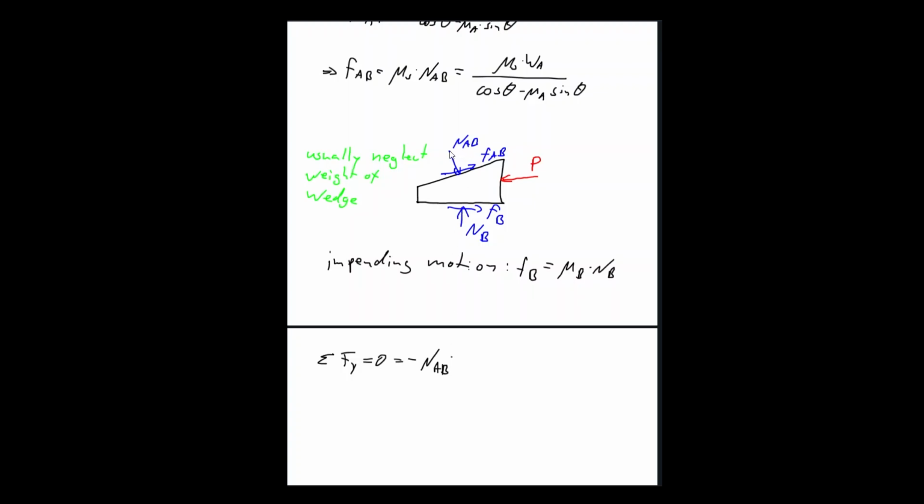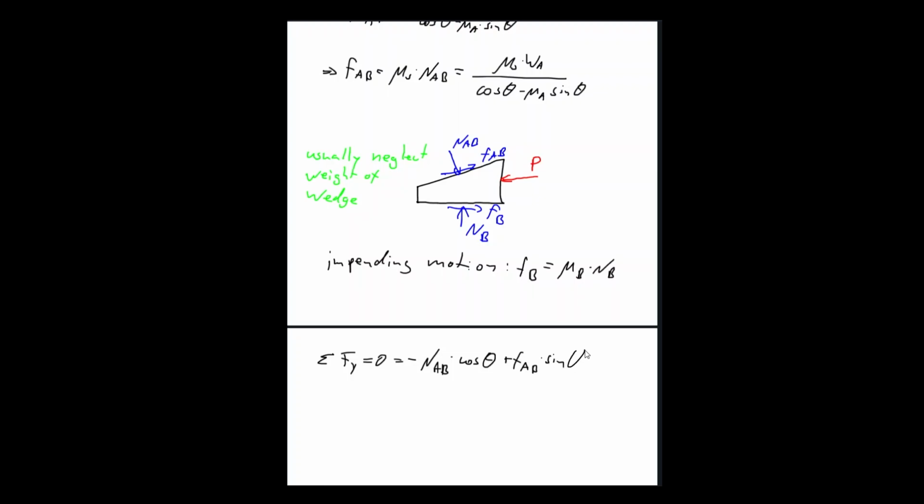And it is going to be this leg right here, so NAB times, let's see, my angle would be up here, so times cosine. Then my FAB would kind of come here, so it'd be this part. So it'd be positive and sine.